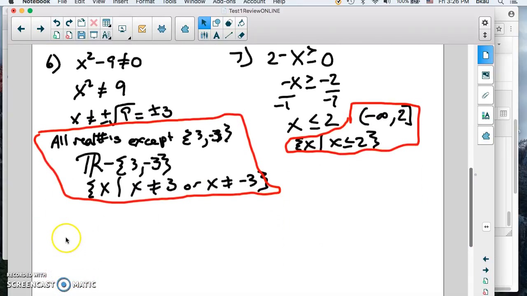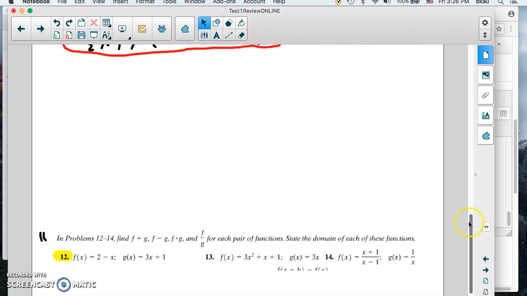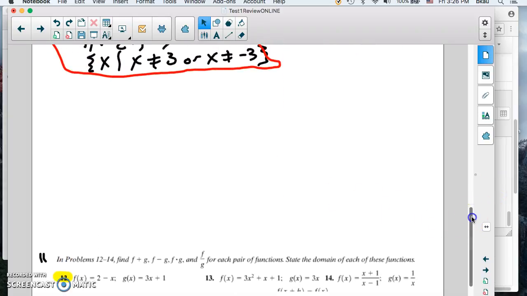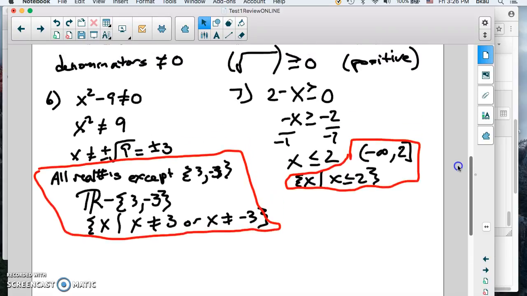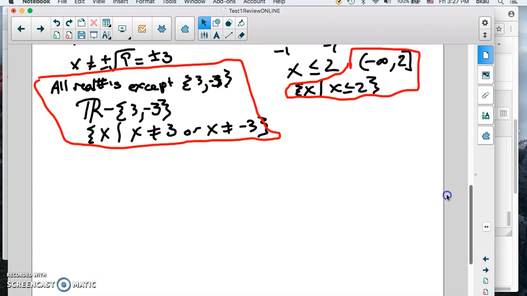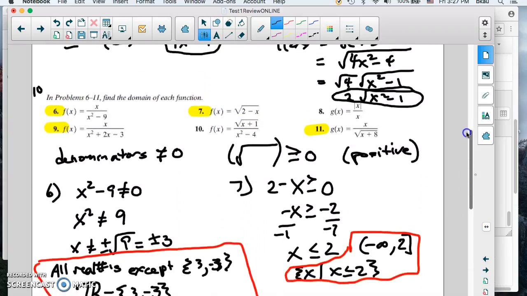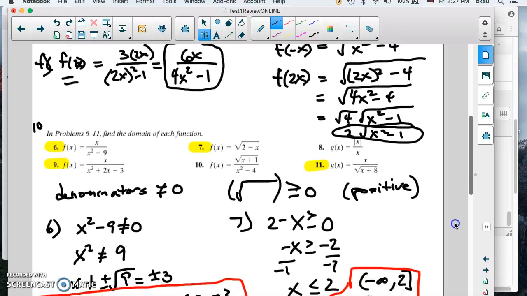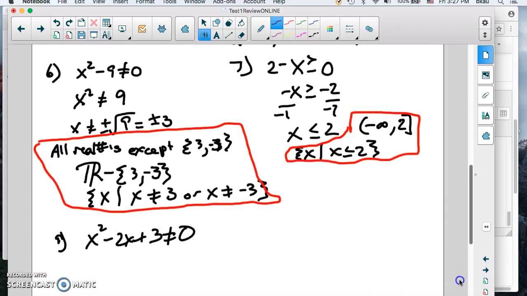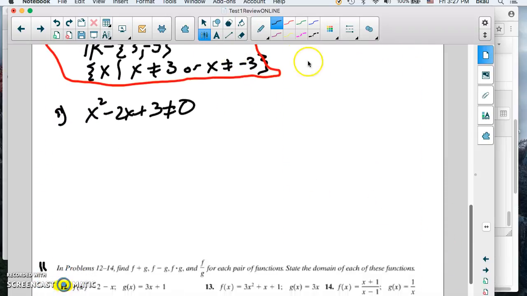So on number 9, we'd say x squared plus 2x minus 3 cannot equal 0. Oh, I have the signs backwards.